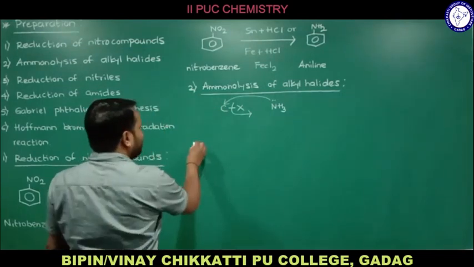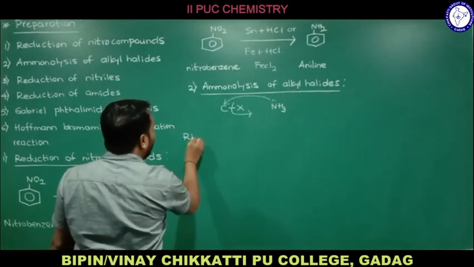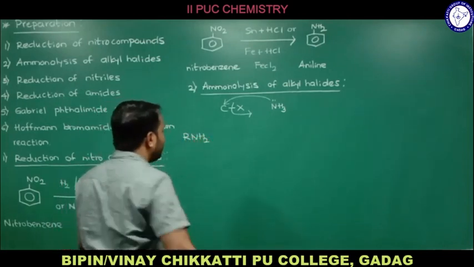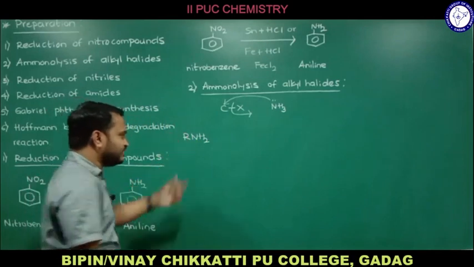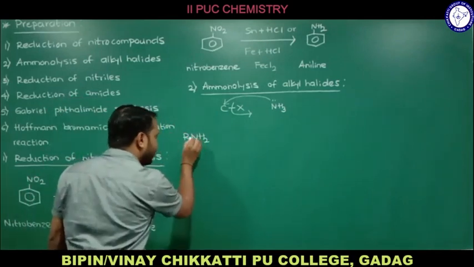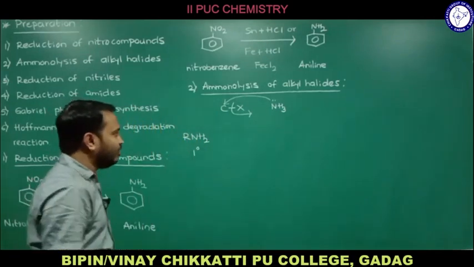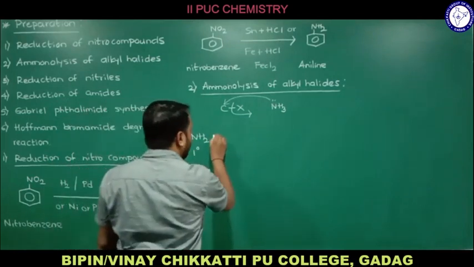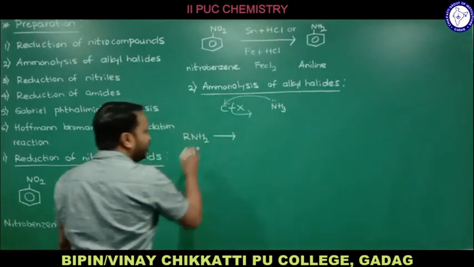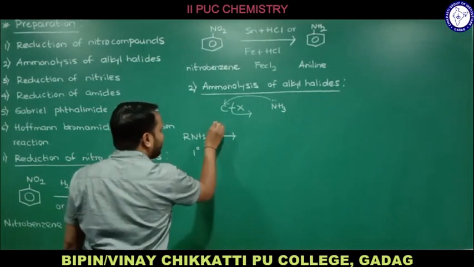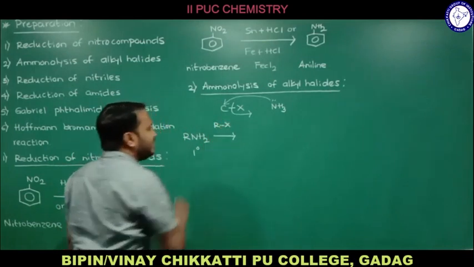So now I am going to consider one example, that is RNH2. Of course this is a primary amine because only one hydrogen is replaced by this alkyl group. So this is the amine, or I can consider it a derivative of ammonia, and here I consider one alkyl halide, that is RX.